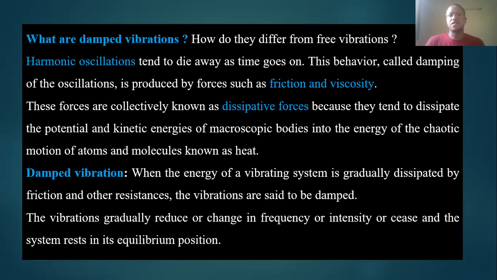That is known as heat. So most of the time, the energy is absorbed in the form of heat or sound.